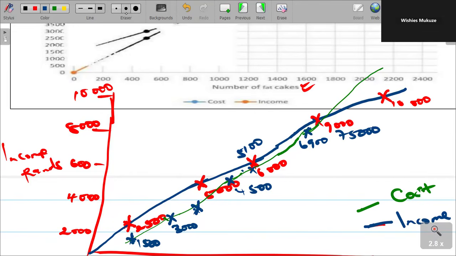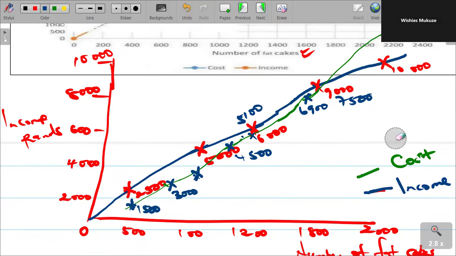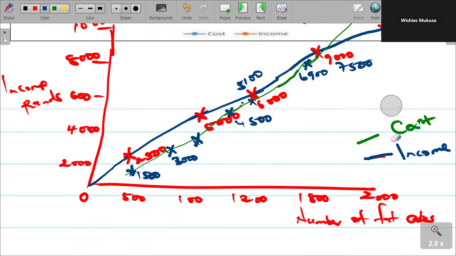So now, basically, this is how you draw your graph. It's only a matter of making sure that the graph is drawn to scale, and then you mark the points as they are supposed to be marked. In these graphs, we have different sets of data.